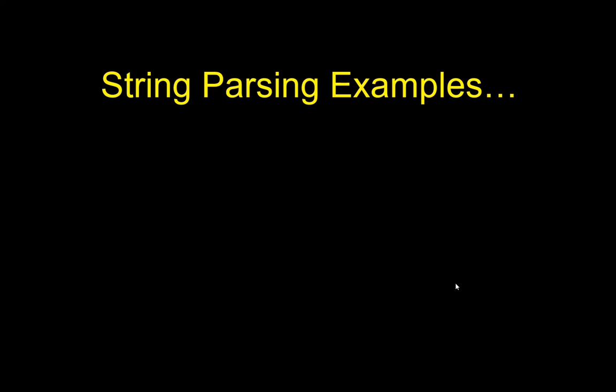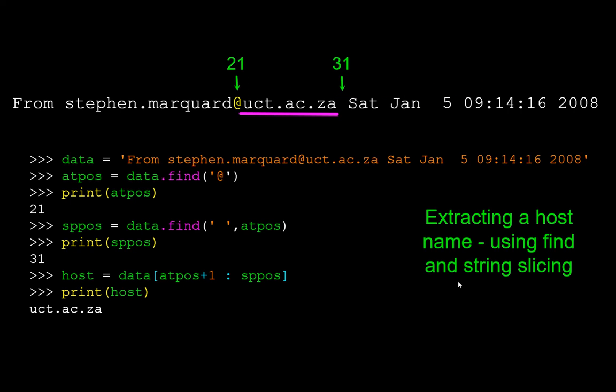Okay, so now we're going to have a parsing example. If you remember previously, the way we wanted to extract the domain name of an email address was to use the find command to find the @ sign, and we would assign that output to another variable.